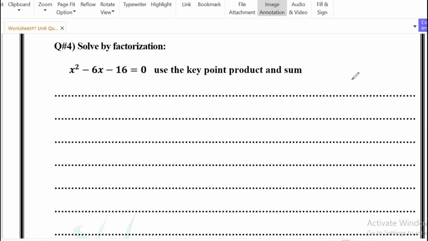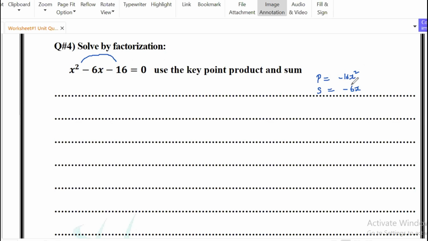Now we will check this question solved by factorization. So use the key points product and sum. So here first thing, it must be in arranged form. It means our product value is minus 16x square and our middle value is represented as sum, so it is minus 6x. We are looking for the factors of 16 which are 4, 8, 2, 1, 16 itself.